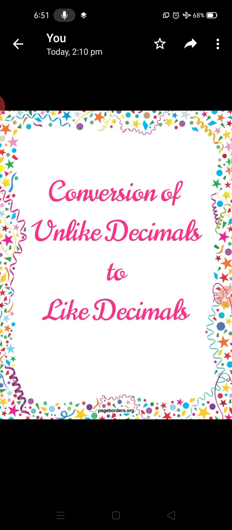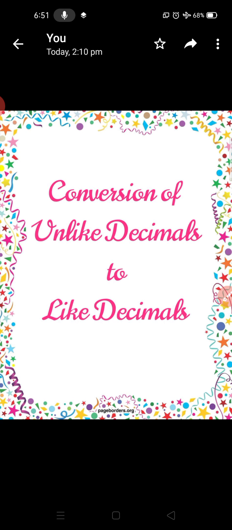Now we are going to make 34.8 like decimal to 543.37 by adding the required number of zeros. Here we have 2 digits, but for the second number we have 1 digit. How many more digits are required? 1 digit is required. So we will add just one 0 to the end of the fractional part of the second number.